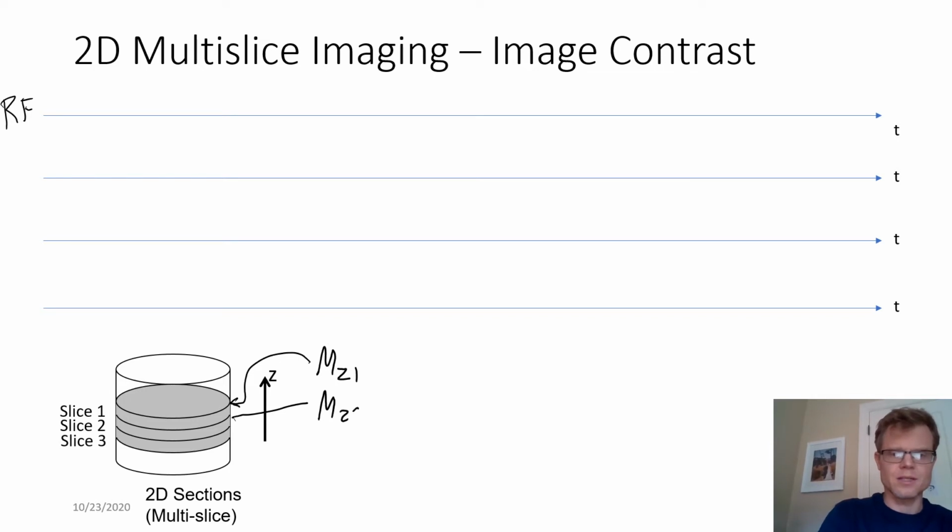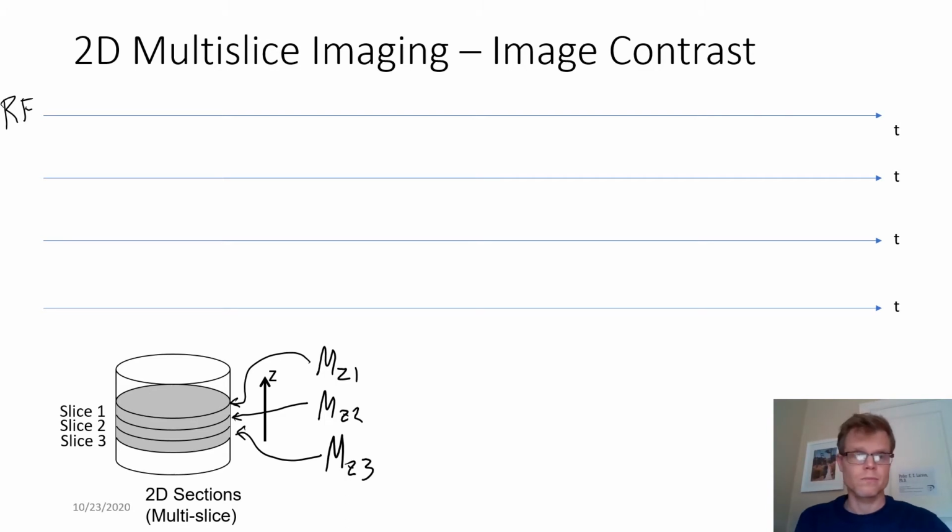The Z magnetization in slice 2, call M_Z2. The Z magnetization in slice 3, we'll call it M_Z3. And what's going to happen is because our RF pulses are only exciting one slice at a time, they're only affecting the Z magnetization in the individual slice.